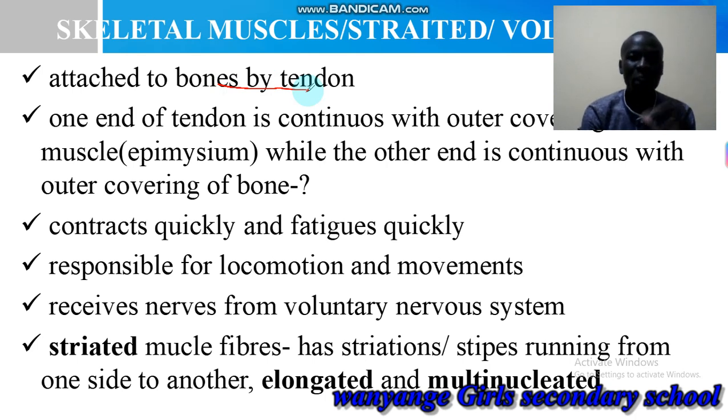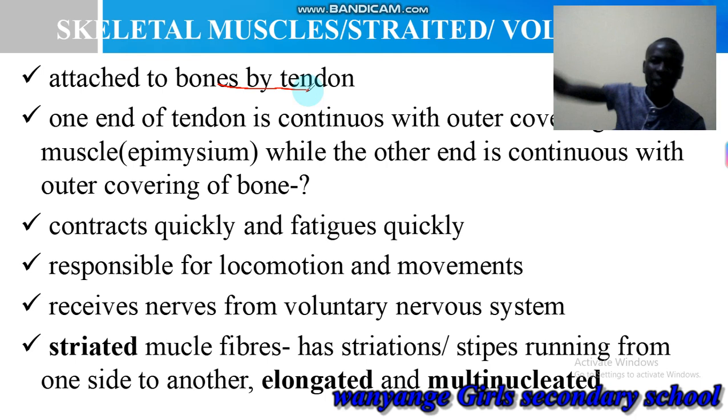So they are attached to bone by what? By the tendon, we know that. And so on one end, the tendon is continuous with the bone. So it means that the tendon attaches on the bone. The outer covering of the bone is continuous with the tendon.